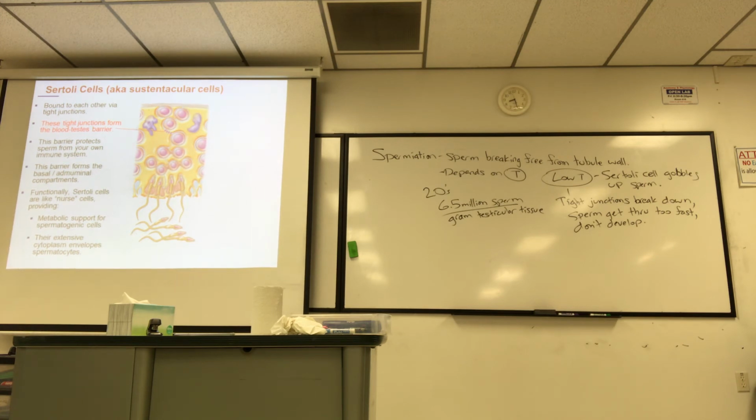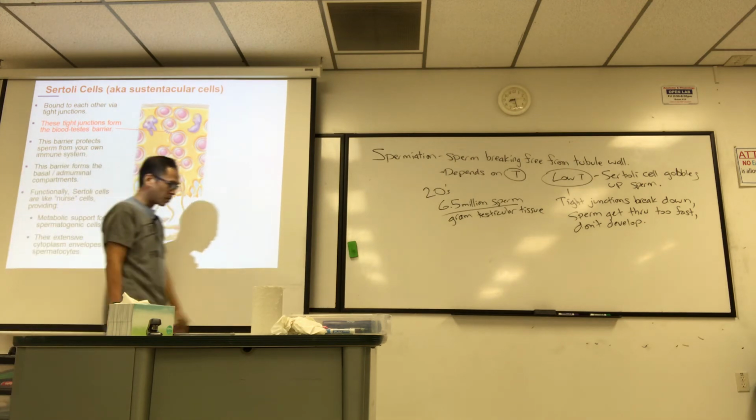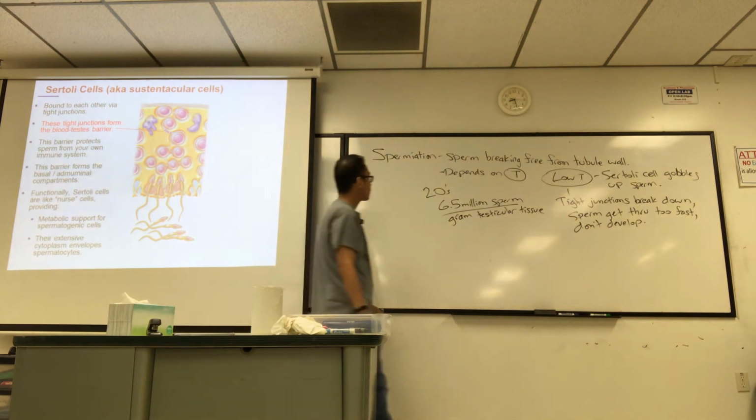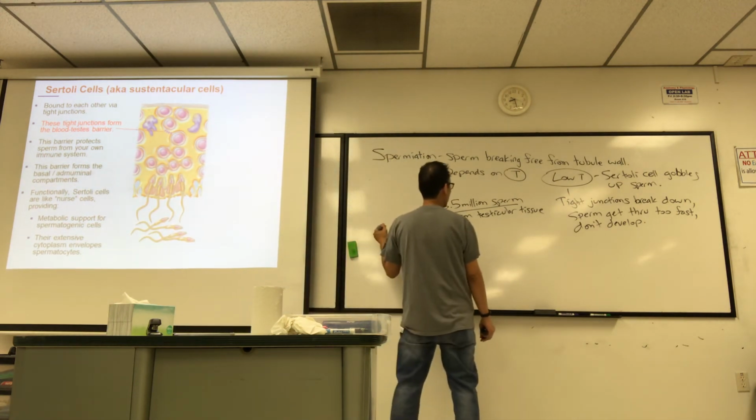The other thing I'll mention that's on this slide is that these tight junctions form a blood-testis barrier. Your immune system would see a developing sperm as a non-self cell, so it would attack it. So it's very important to have this barrier to protect the developing sperm from immunoglobulins in the blood. So I'll put that as well.